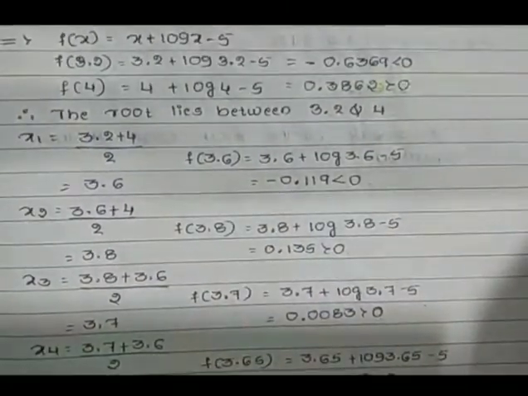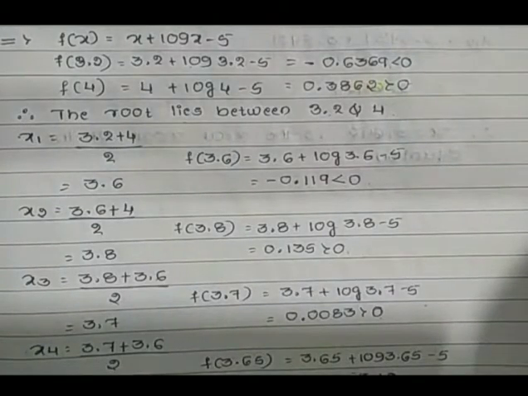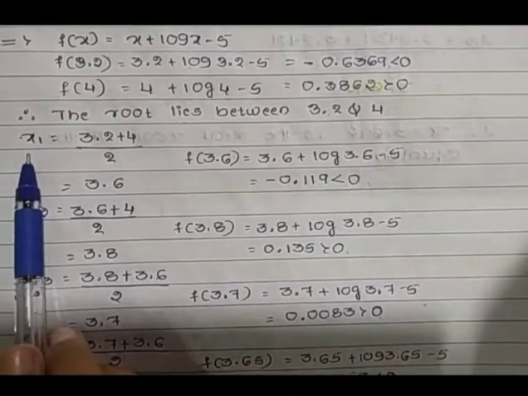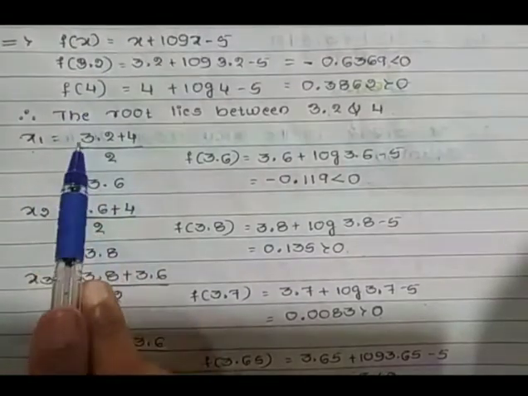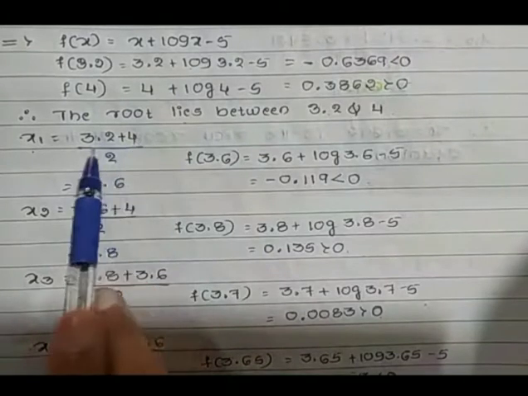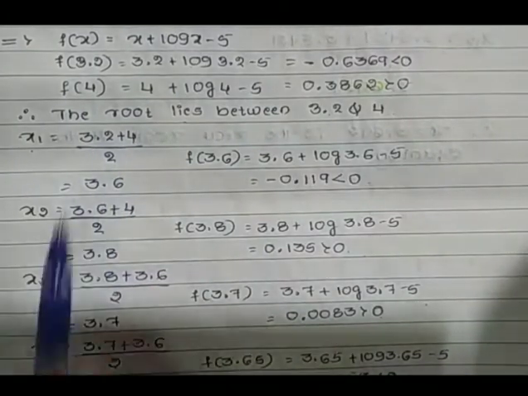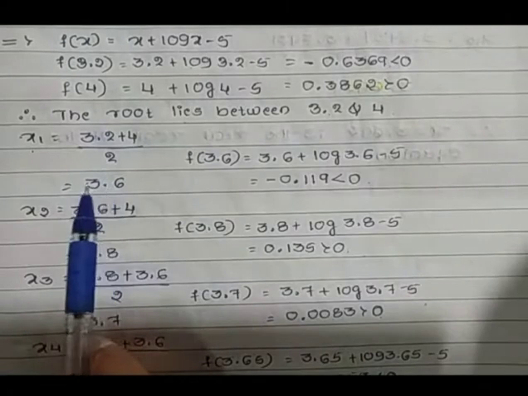Means whatever answer we get will be between 3.2 and 4. So for the first approximation, that is x1, add these two, 3.2 plus 4, divided by 2, and we get 3.6.